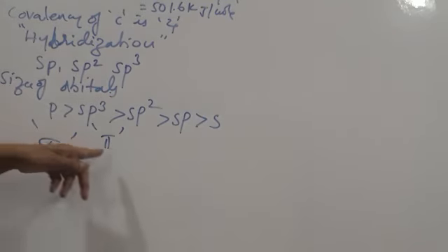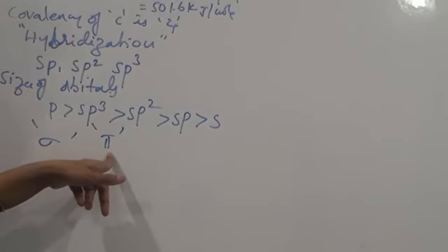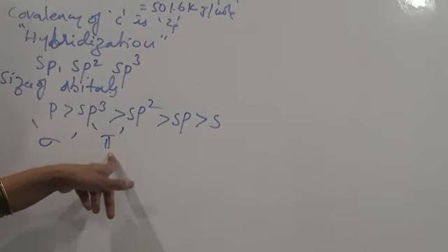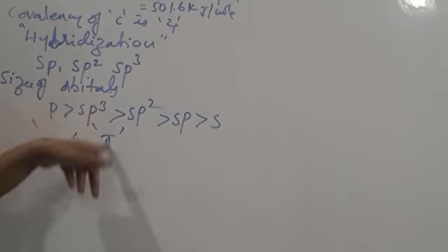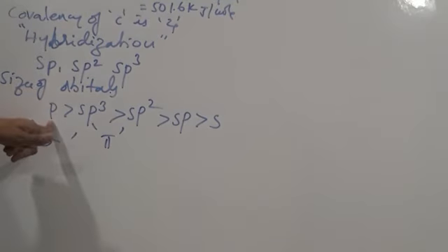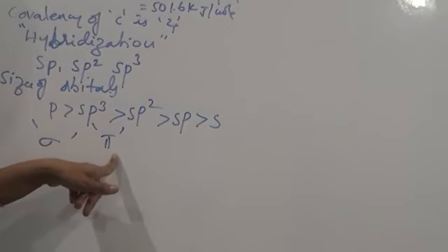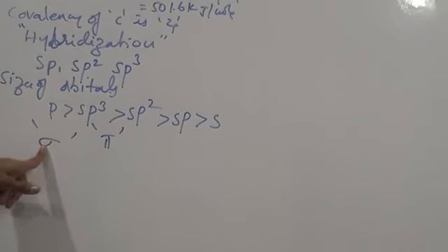In the formation of a pi covalent bond, pure p orbitals are involved. Due to sidewise overlapping of pure p orbitals, we get a pi bond. And sigma bond formation takes place with hybrid orbitals, because hybrid orbitals form only sigma bonds.